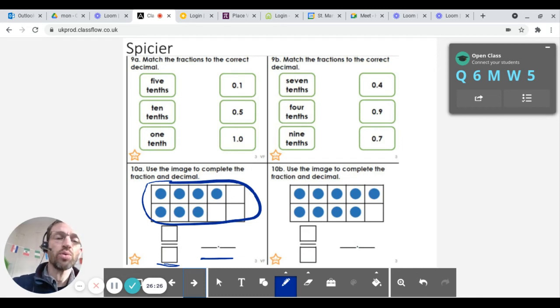We count how many there are all together. However many there are all together, that goes down here. And then how many have got circles in? That number goes up here. So there's your fraction, and then you convert that into a decimal. Do the same for 10b.